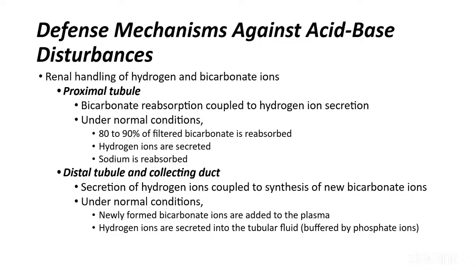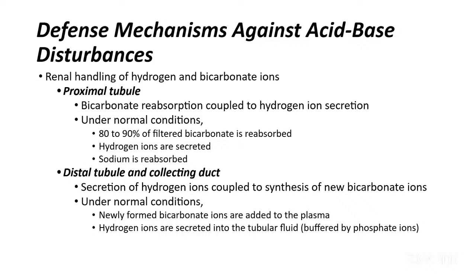There are other things happening here in the proximal tubule that relate to pH as well. We do have some hydrogen ion secretion going on here. So it's not all reabsorption in the proximal tubule. With secretion, we're moving hydrogen ions into the filtrate, so they're going towards the urine, towards eventual excretion.